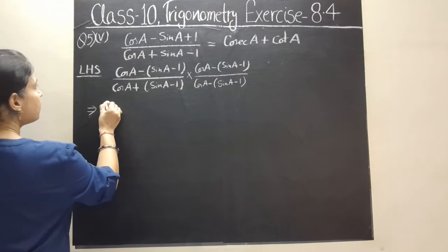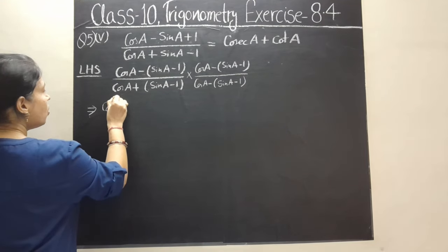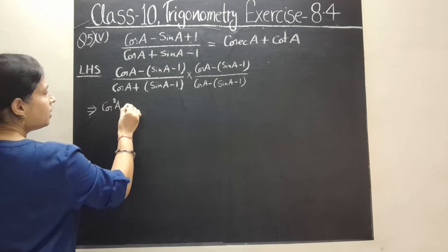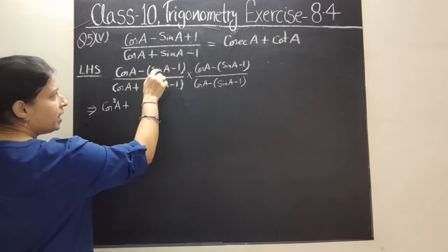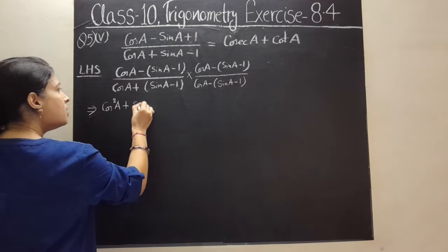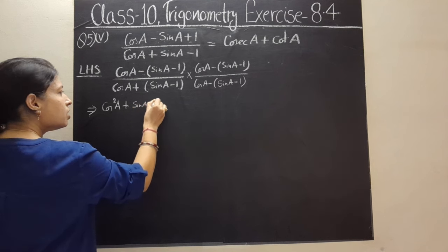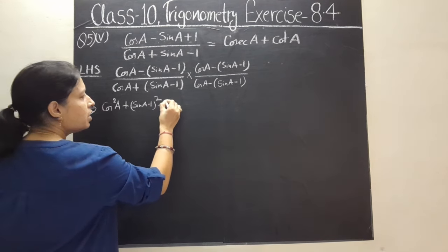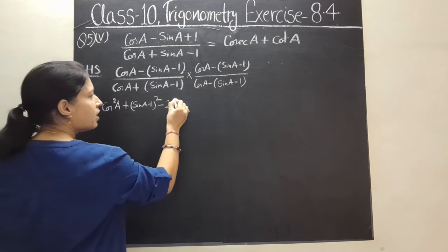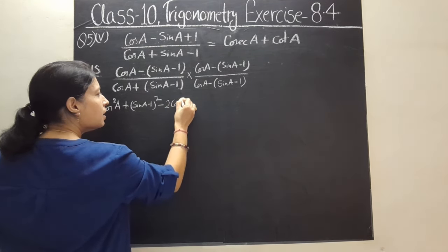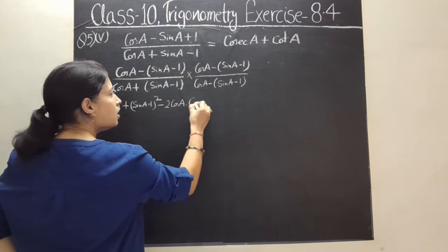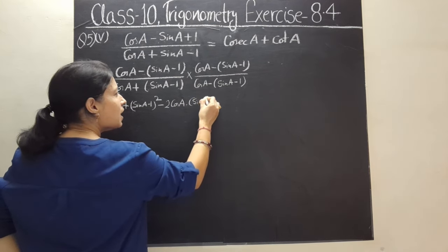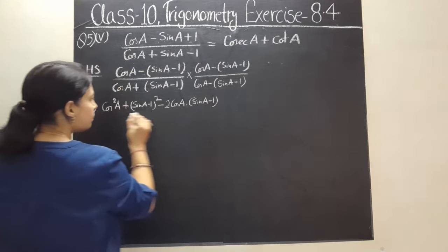So write that cos square a, okay, plus a square, b is here sin a minus 1, so a square plus b square minus 2ab. So 2, write a is here cos a and b is here sin a minus 1.